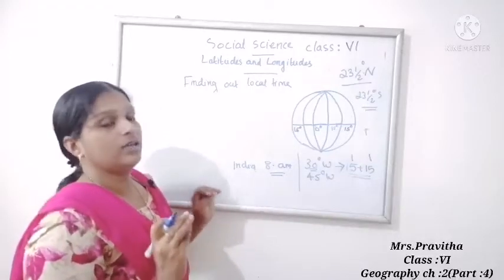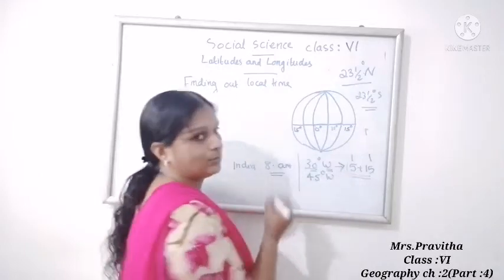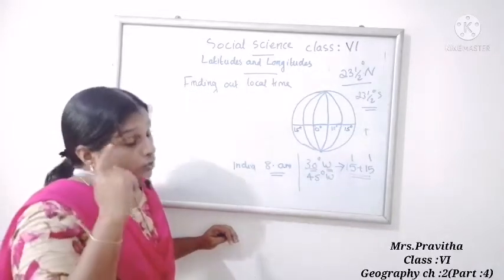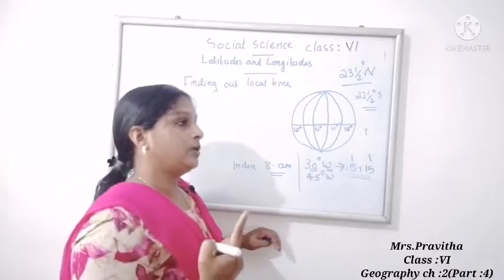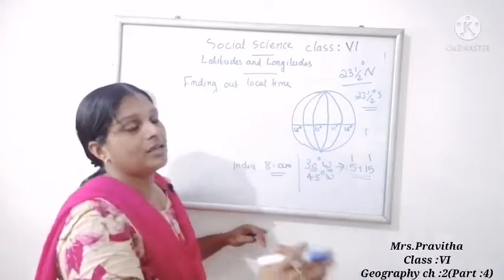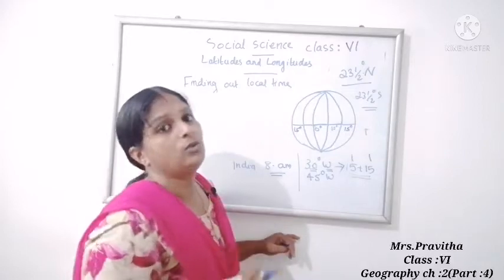Now you have to look whether that country is in the western hemisphere or eastern hemisphere. Here ma'am has given western hemisphere. If a country is from the prime meridian in the western direction, what will happen to the time, will it increase or decrease?